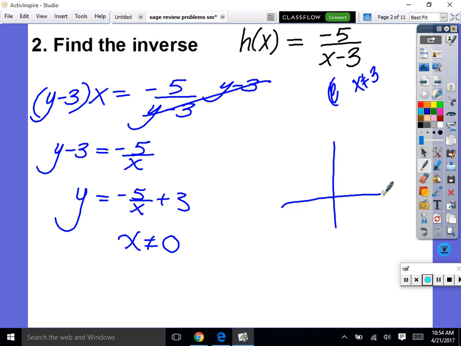Think back to graphing rational functions. This isn't linear. It's rational. Well, it shifted up 3, correct? If it was just 1 over x, its original asymptote is that we can't be at 0. So now it's shifted up 3. That's what we're trying to think about.